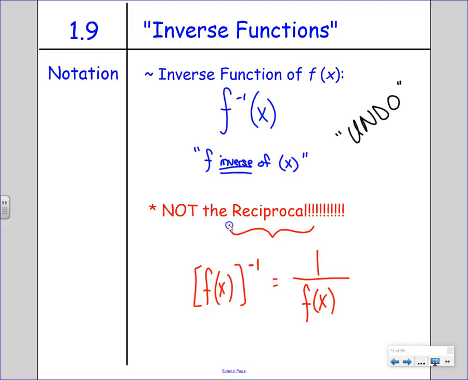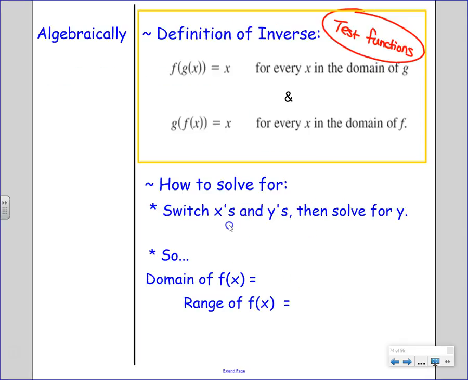And what do I mean? Let me start showing you. You guys actually had an inverse in last night's homework. I saw it, and I started to talk about it, and I said the word undo, and I'm like, oh, you guys haven't seen that yet.